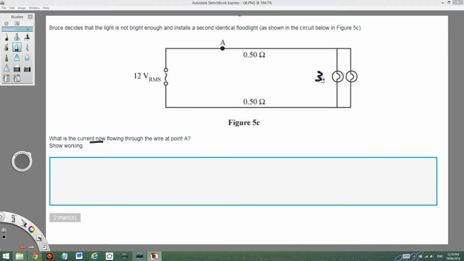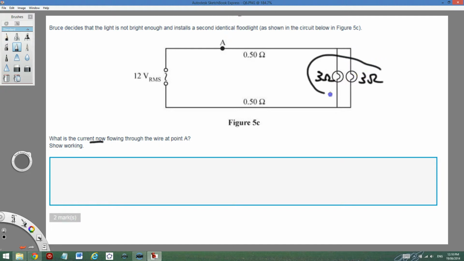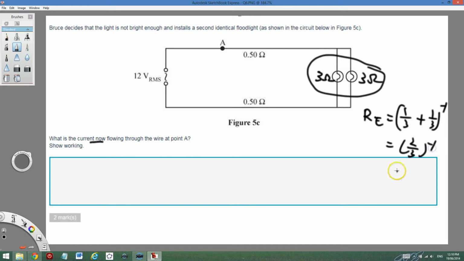I have 3 ohms here and 3 ohms here, so these are in parallel. If I combine these two into one, the effective resistance will be (1 on 3 plus 1 on 3) to the power of -1. Don't forget that. It's 2 on 3 to the power of -1, which is 3 on 2 ohms.